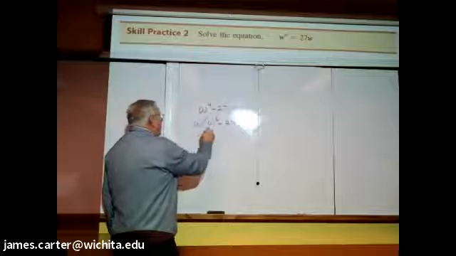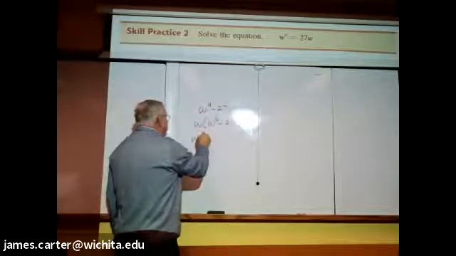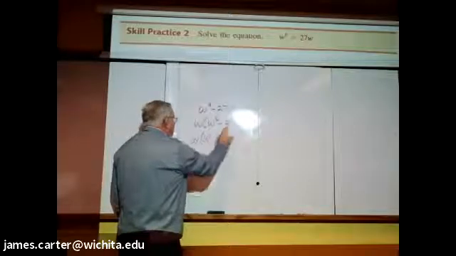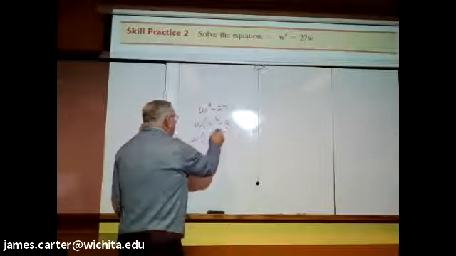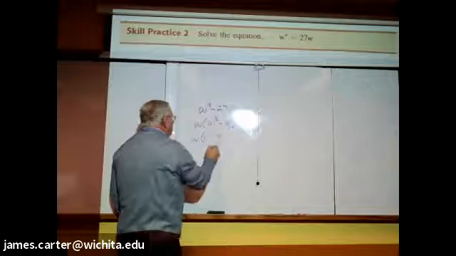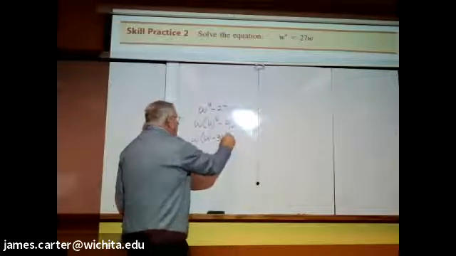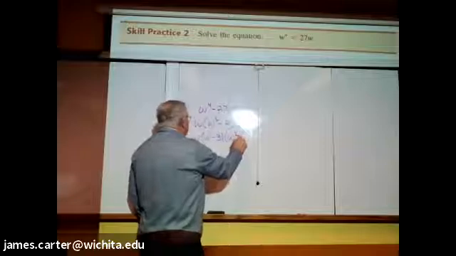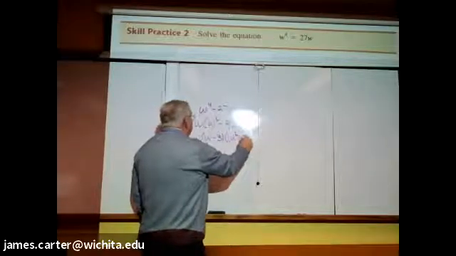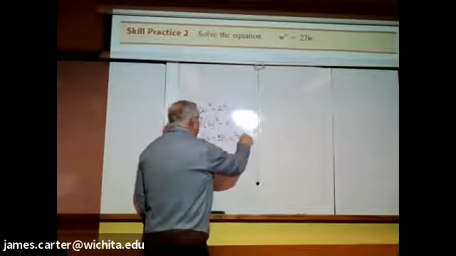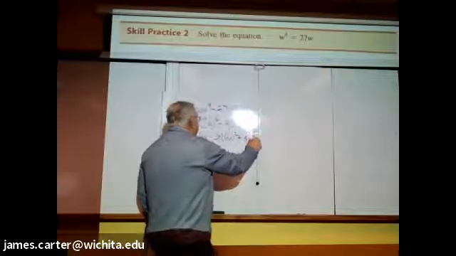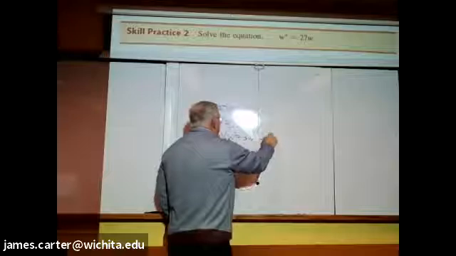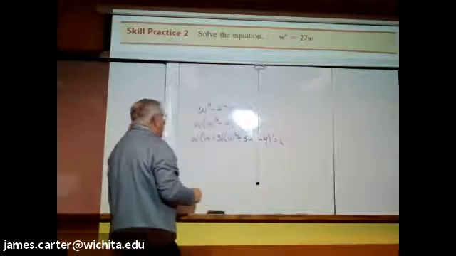Okay, now this gives me w times w minus 3 cubed, w cubed, times w squared plus opposite sign 3 times w minus 3 squared is 9 equals 0.